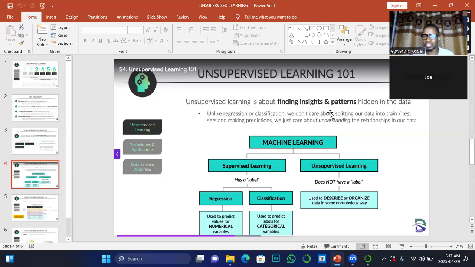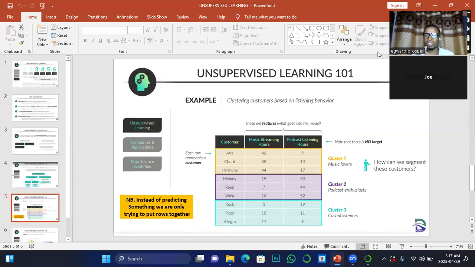If you look at the explanation under the unsupervised learning, you will clearly see that it is used to describe or organize data in some non-obvious way. So the unsupervised actually focuses on reorganizing your data, preparing your data for it to be suitable to pass into an analytics model. That is what we are saying. Now look at the proper understanding.